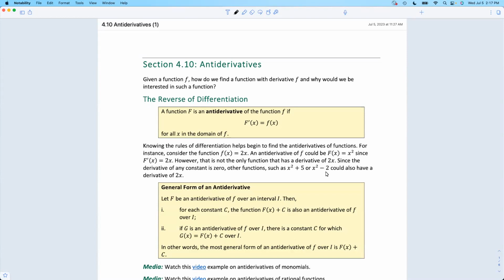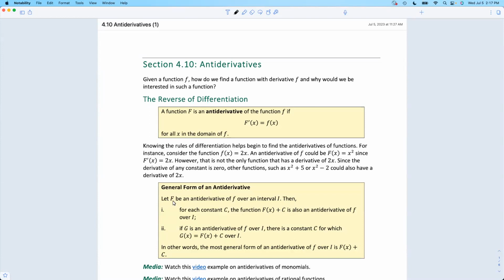So in most cases, somebody will hand me a function and say, give me the general antiderivative. That means they want an entire family of functions. And we do that by finding any one particular antiderivative, and then we put this plus c at the end. That's called a constant of integration.